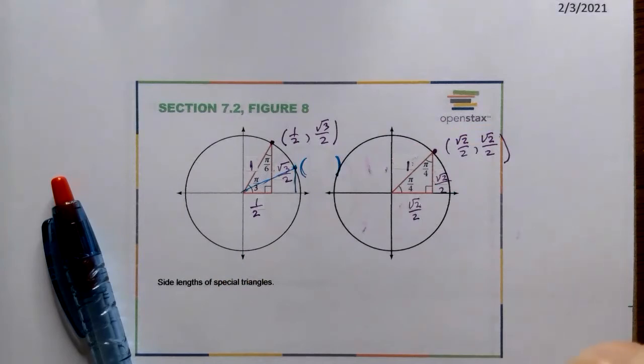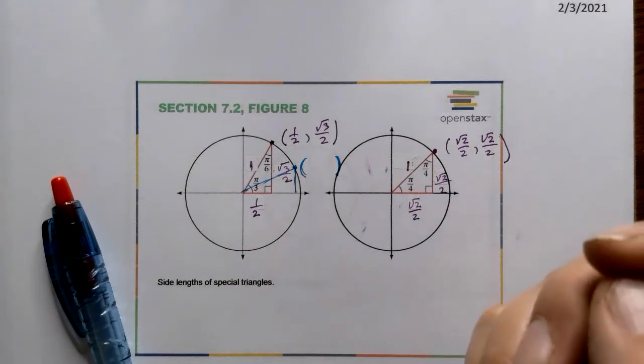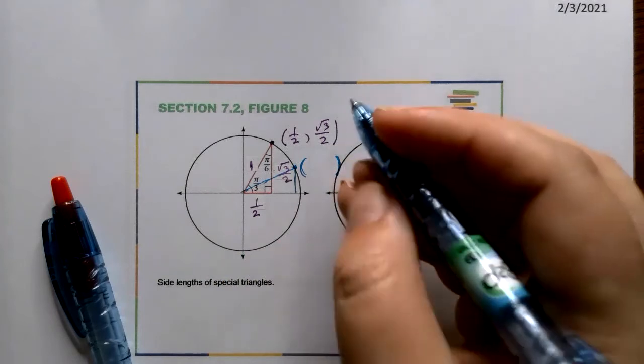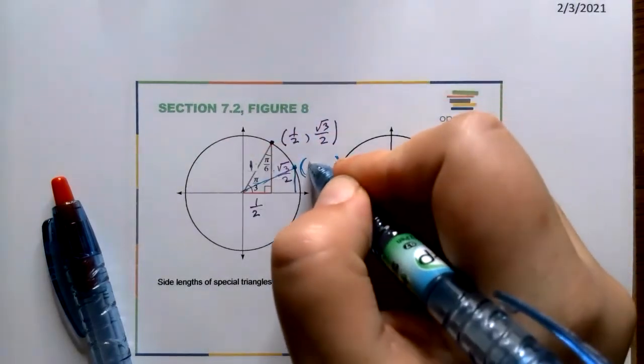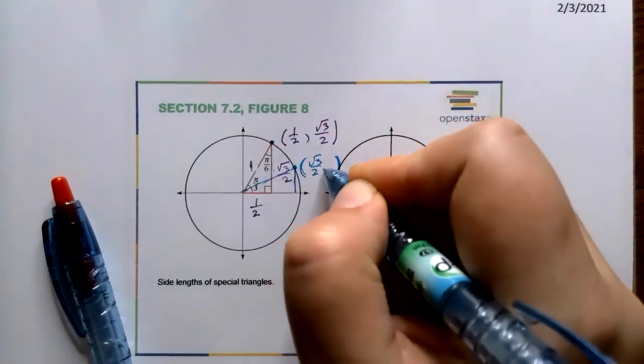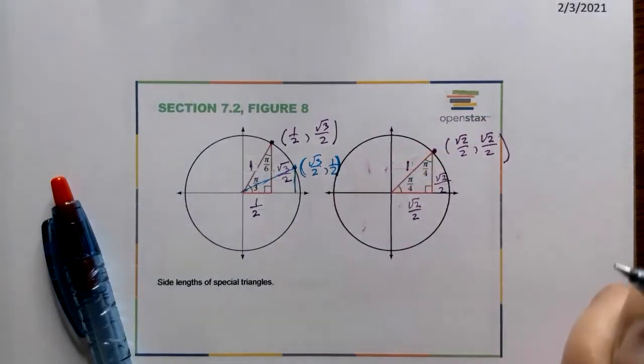I'll give you a second to think about that. And if you answered square root of 3 over 2 for x and 1/2 for y, you were right.